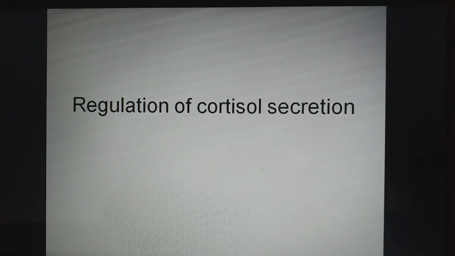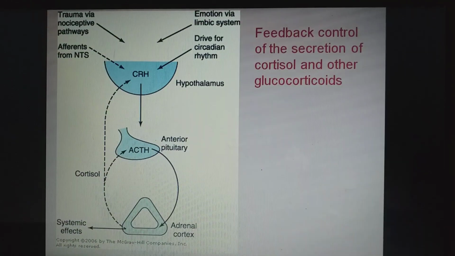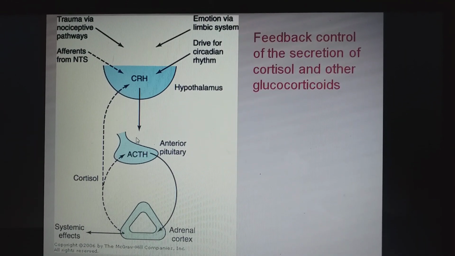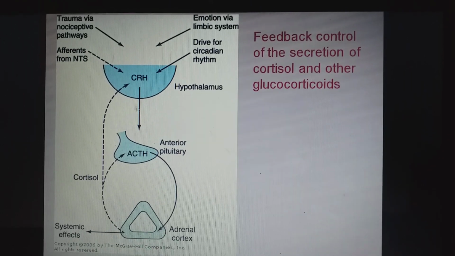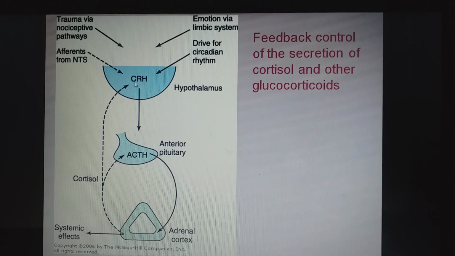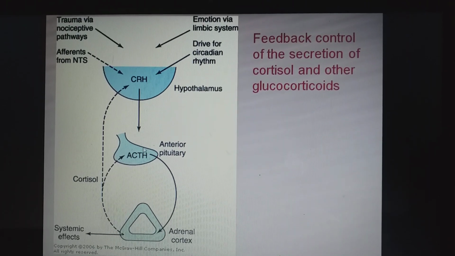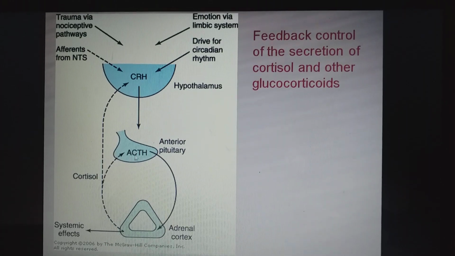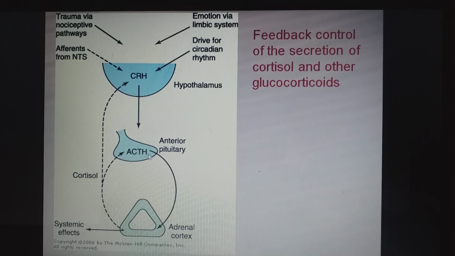Then the regulation of cortisol secretion. Regulation of cortisol secretion is under the control of the hypothalamic-pituitary-adrenal axis, the HPA axis. The hypothalamus secretes corticotropin releasing hormone, which acts on the anterior pituitary and stimulates it to secrete ACTH, adrenocorticotropic hormone.